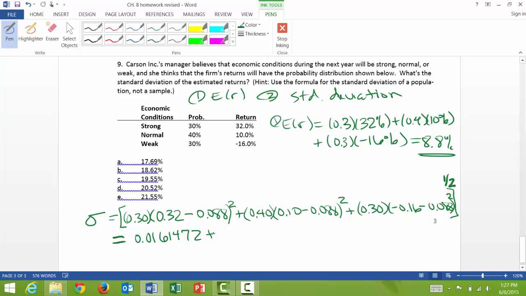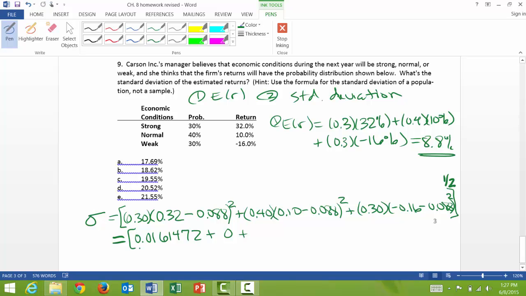I'll go out to a lot of decimal places. And then the next one, 0.1 minus 0.088, and I'll square that difference. I get a really small number, and I'll multiply it times 0.4. Since it's so small, my calculator gives me something like e to the negative 5. I'm just going to write 0 and hope that it doesn't mess us up.